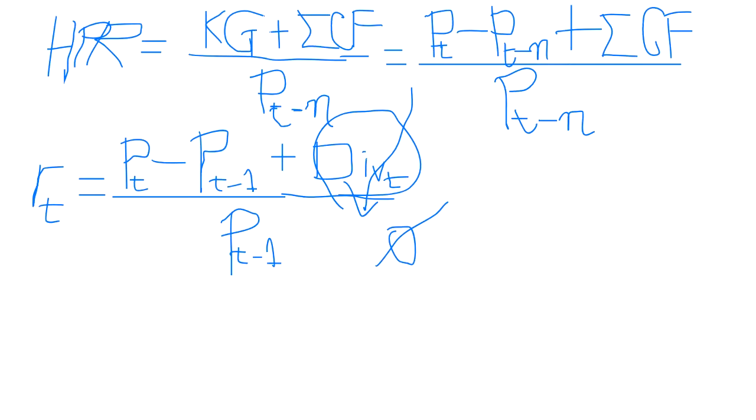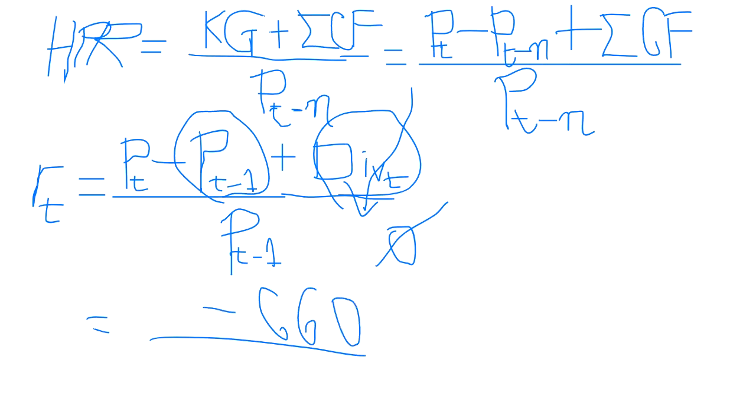How would you calculate the return between September and October? You would subtract the September price, which is like 660, from the October price, which would be like 98, divided by 660, right?